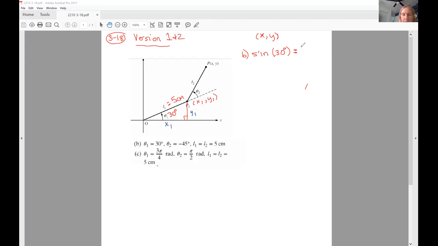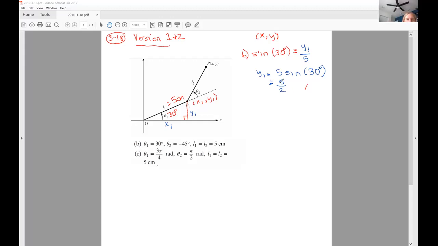So it's going to equal y1 divided by 5, or y1 is equal to 5 times the sine of 30 degrees. And the sine of 30 degrees is 1/2. So y1 equals 5/2.